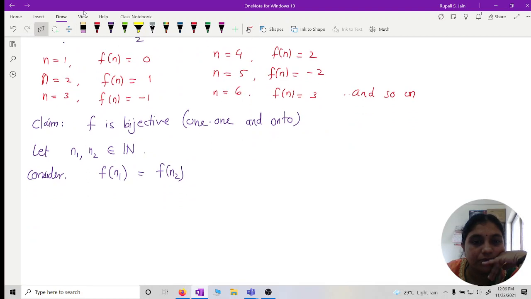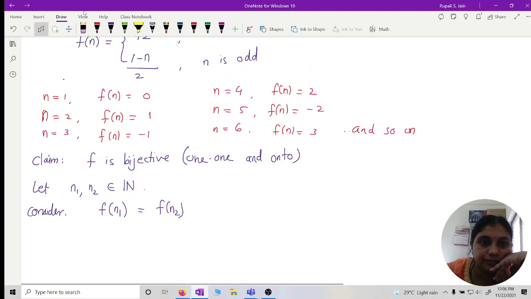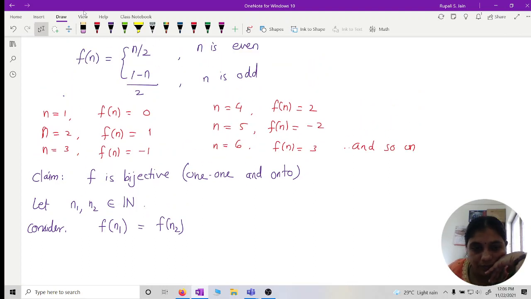How can I show n1 by 2 is equal to n2 by 2?